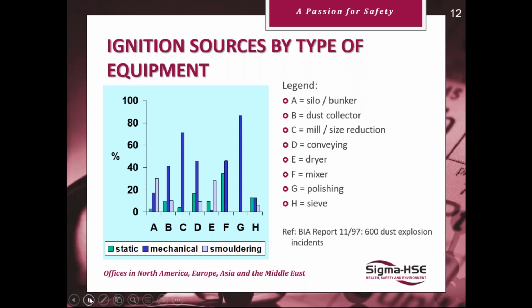Others are dust collectors, which are quite a common area, conveying areas, and you can get mixing and sieving, which can cause problems again with electrostatic discharges igniting a flammable atmosphere.